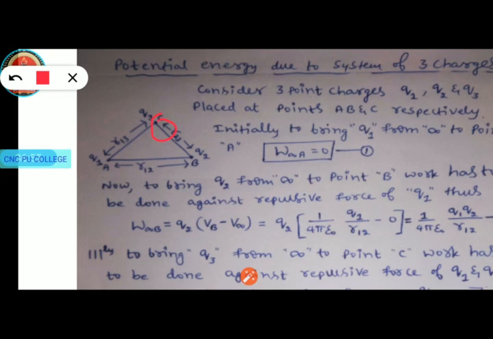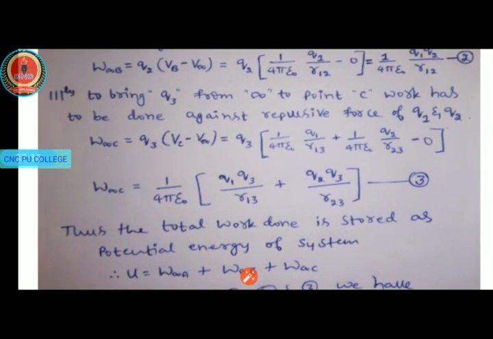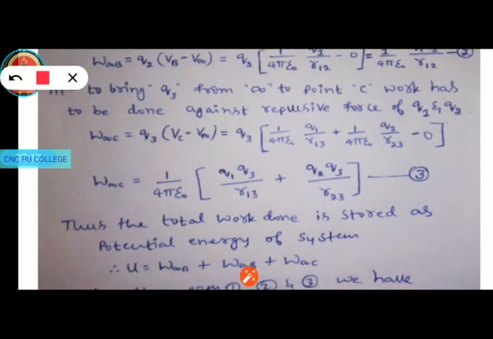Think of potential at C. That position C is present in the influenced region of Q1 as well as Q2. And observe the distances. Here we have R13, here we have R23. So it is very important to observe this equation. Focus on this.